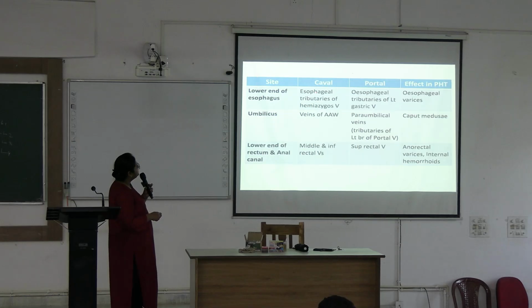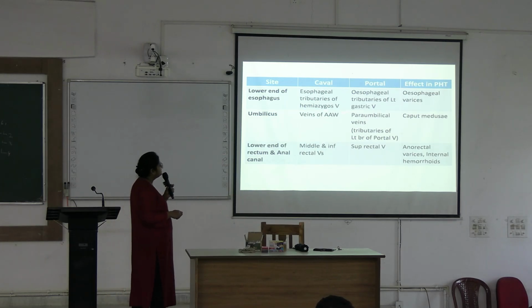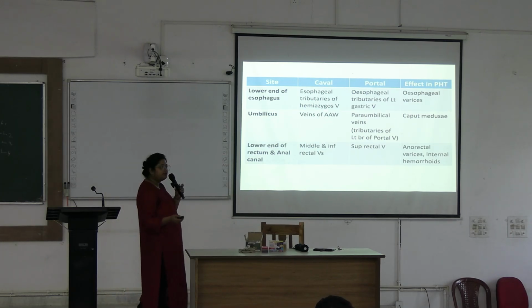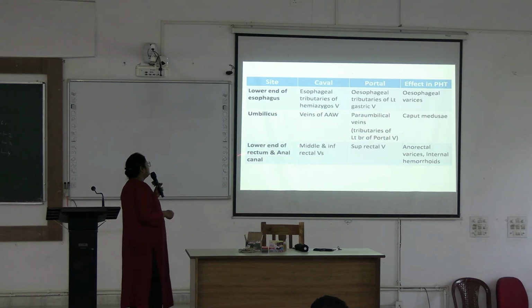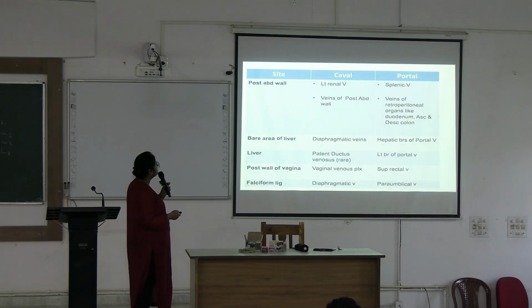Okay. Same chart here, the clinical aspect is also included. Lower end of esophagus, these are the caval system, portal system. Effect will be esophageal varices. Umbilicus, these are the veins involved. Caput medusa will occur. And lower end of rectum and anal canal, anorectal varices or internal hemorrhoids. Posterior abdominal wall, this can occur.